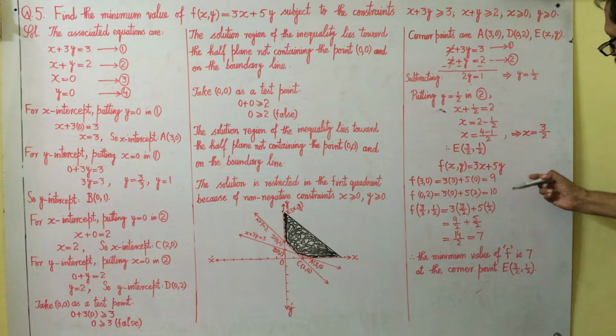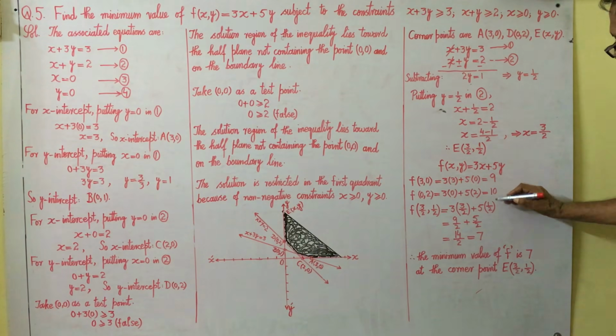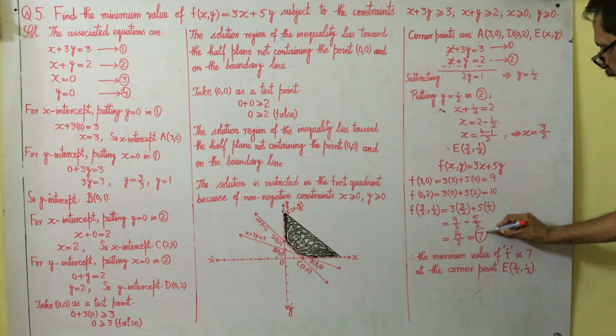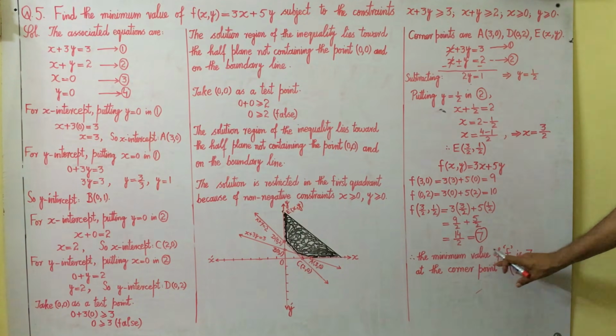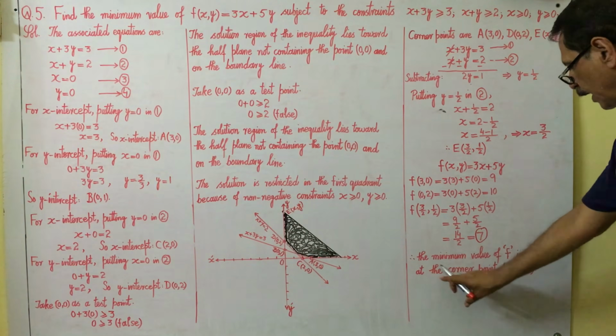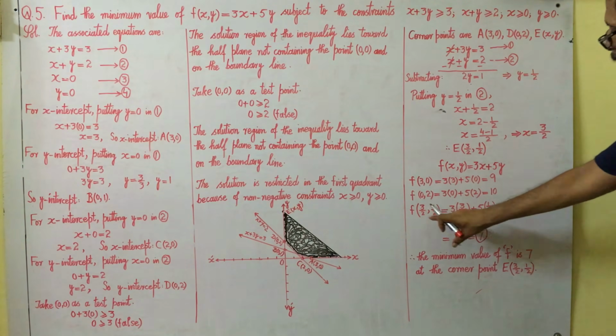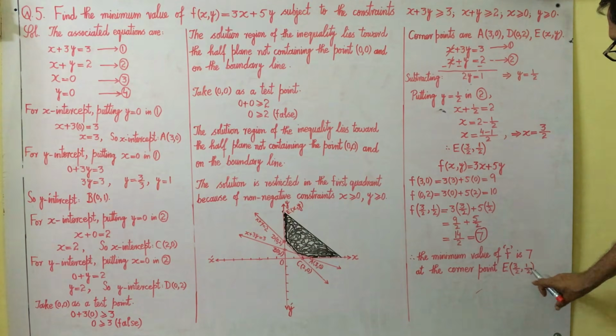The minimum value among 9, 10 and 7 is 7. Therefore, the minimum value of f is 7 at the corner point (3/2, 1/2).